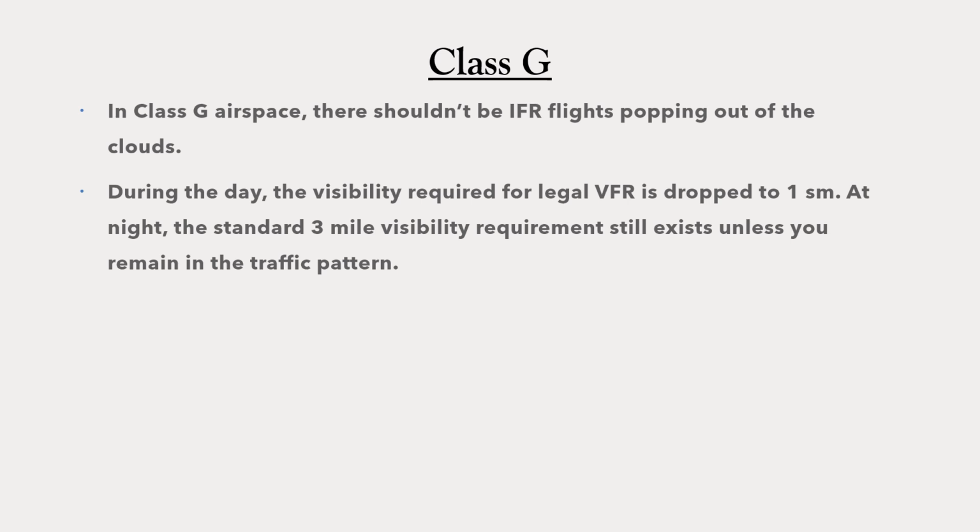At night, the 3 statute mile requirement still exists unless you remain in the traffic pattern. Glider pilots aren't going to be doing much flying around at night, but again, the motor glider thing, and you're required to know it to pass the test. So you have to pay attention to some of this stuff.